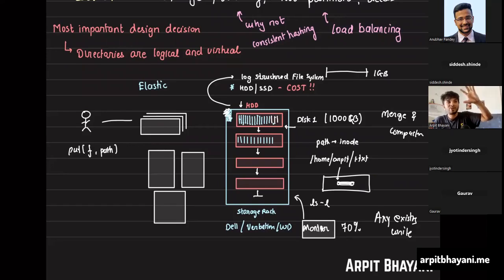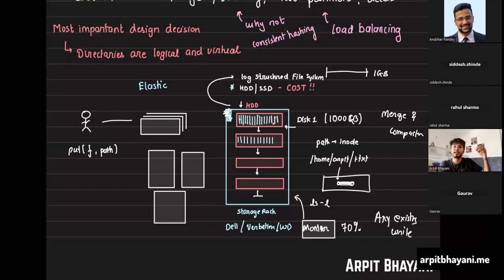You are merging these hard disks, skipping the stale entries, removing the deleted files and whatnot, and merging them into a set of hard disks. So you are freeing up the space, doing defragmentation and making it available again for reconsumption. This is why merge and compaction becomes important to ensure efficient utilization of the system.